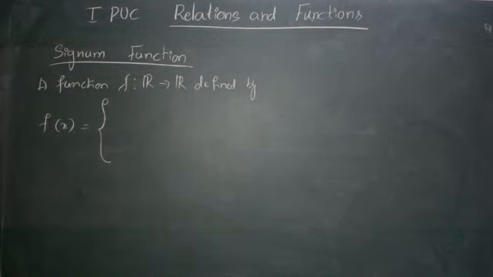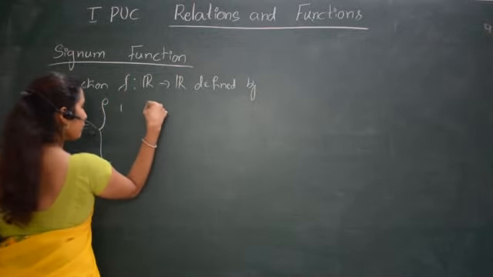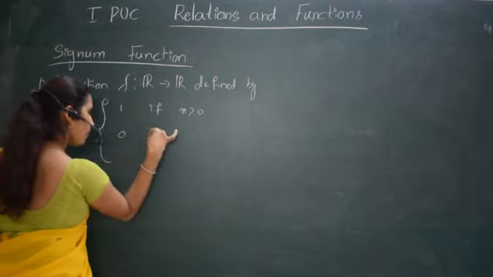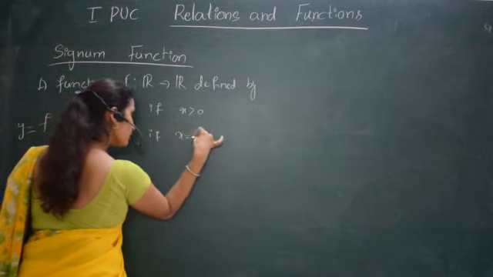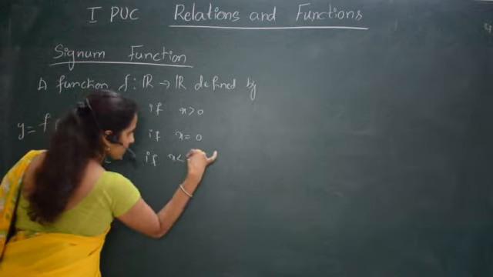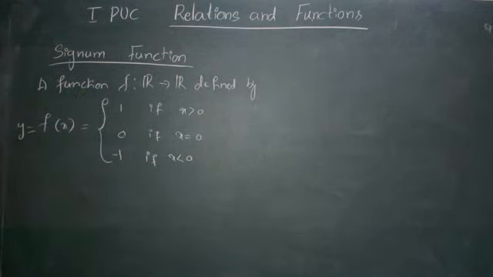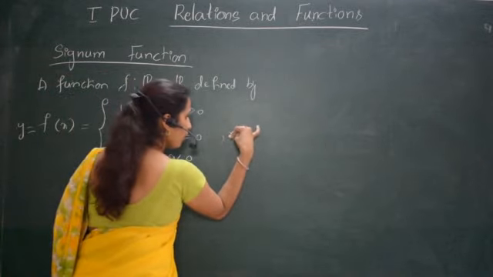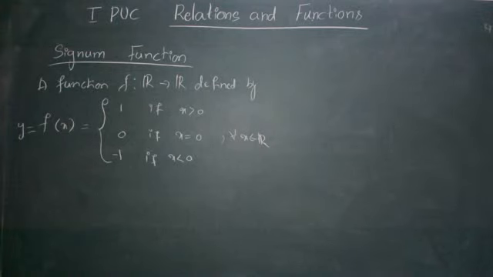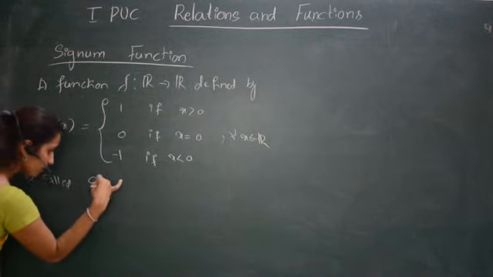F of x means y, so y is equal to f of x is equal to 1 if x is greater than 0, 0 if x is equal to 0, minus 1 if x is less than 0, for all x belongs to R, is called the signum function.